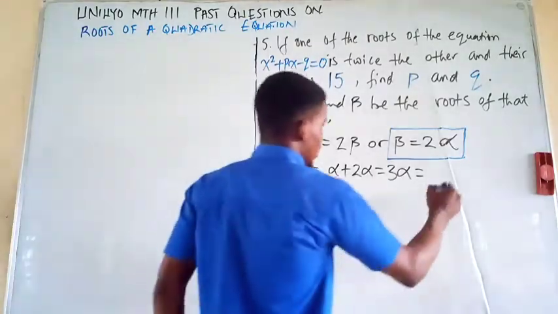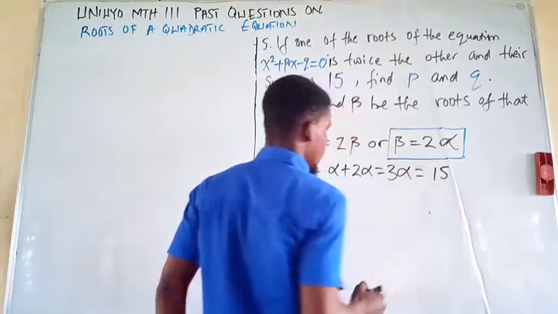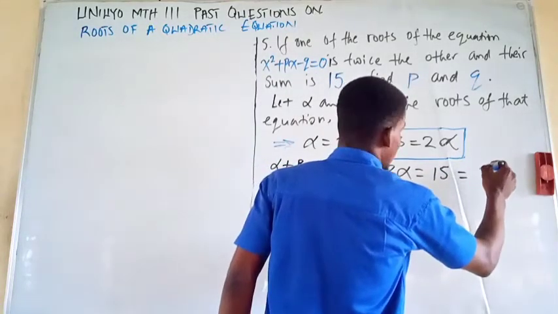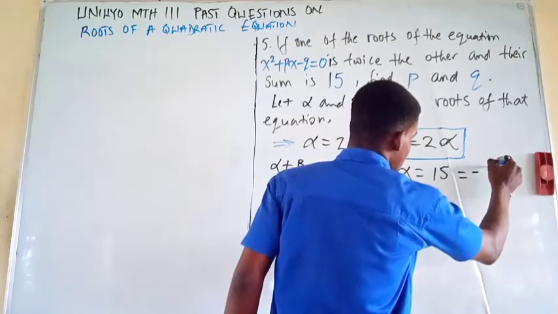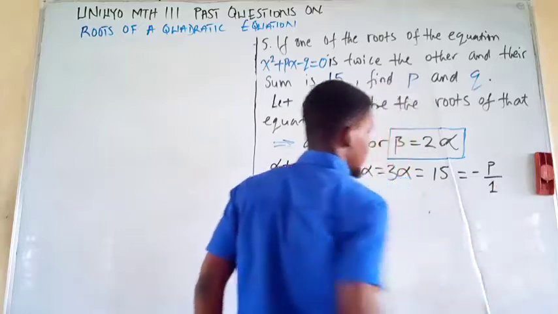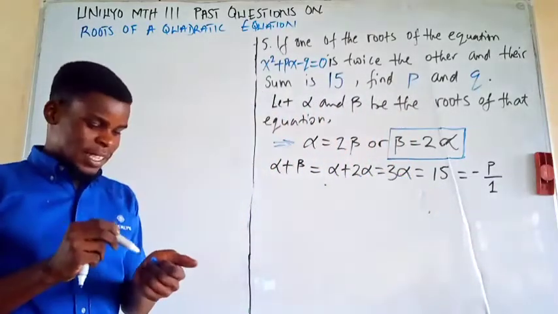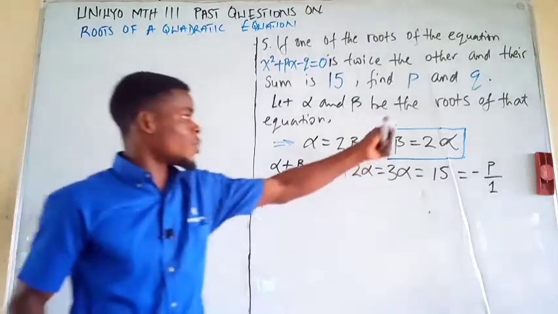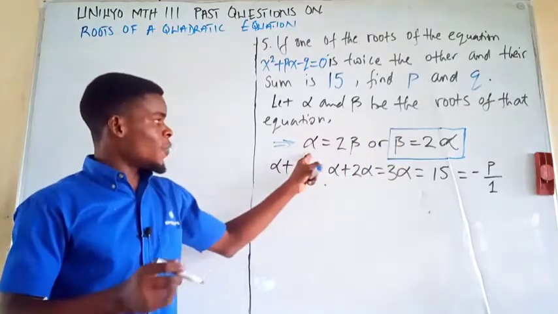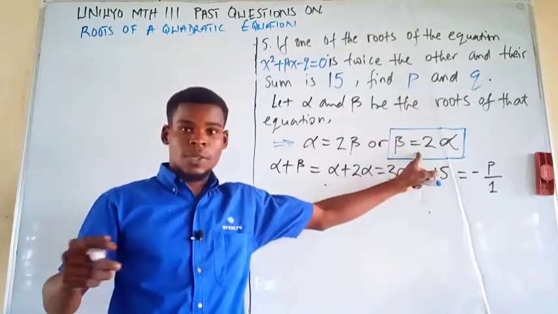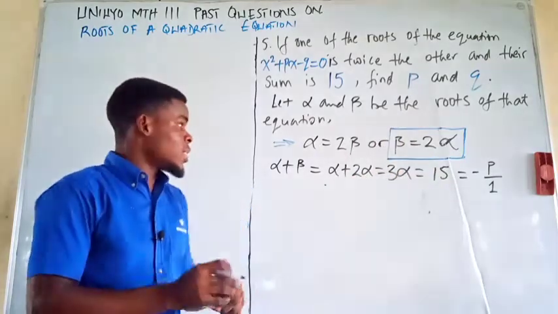So, say this is 15, which is the same thing as negative b over a. B there is p, a there is just 1. I hope you are getting it. Since I'm saying let alpha and beta be the roots of the equation, it means that alpha is 2 times beta or beta is 2 times alpha, and I decide to work with this one without any loss of generality.